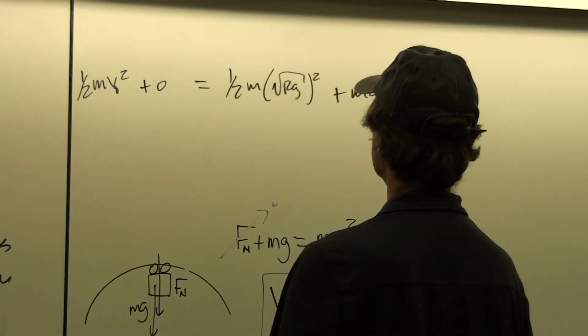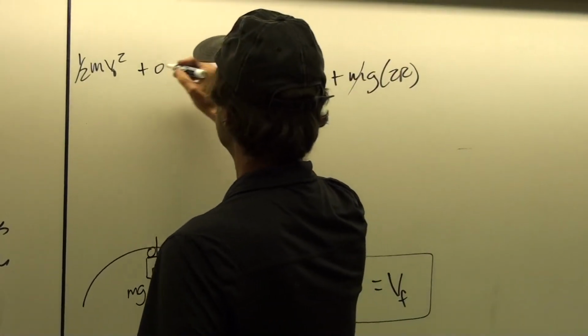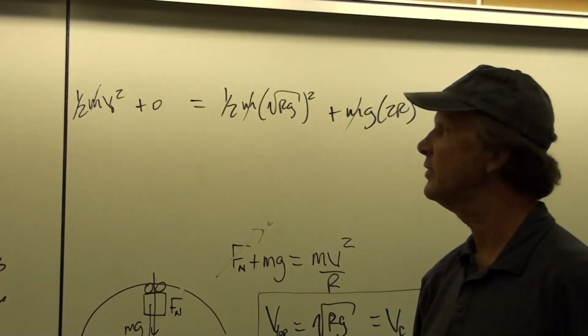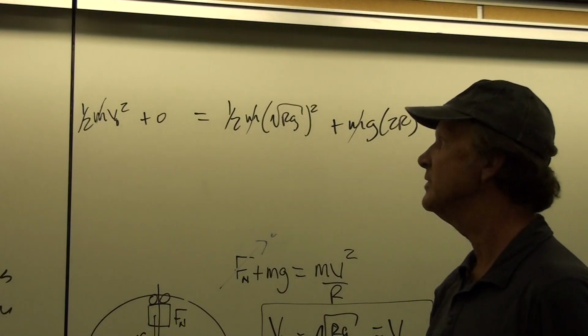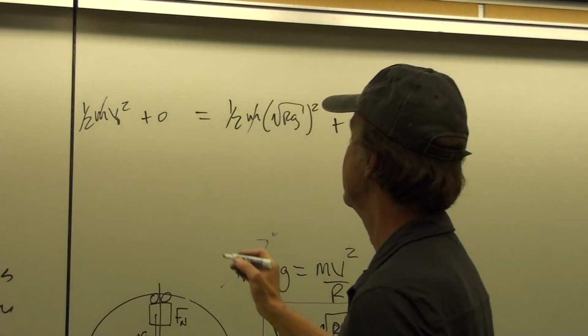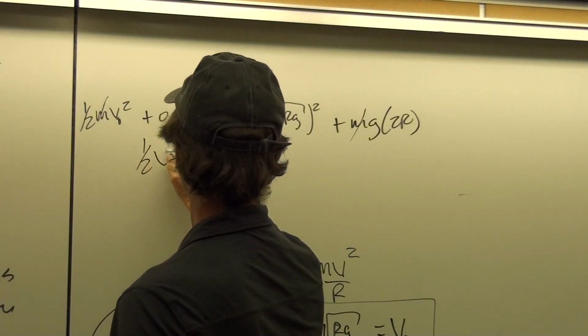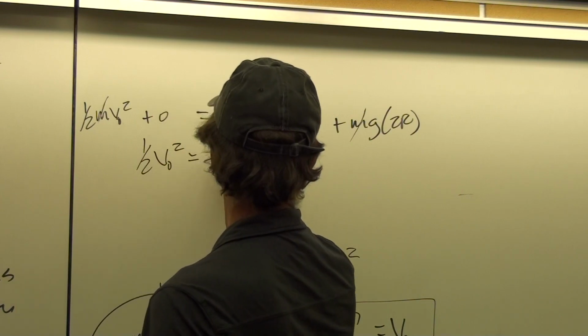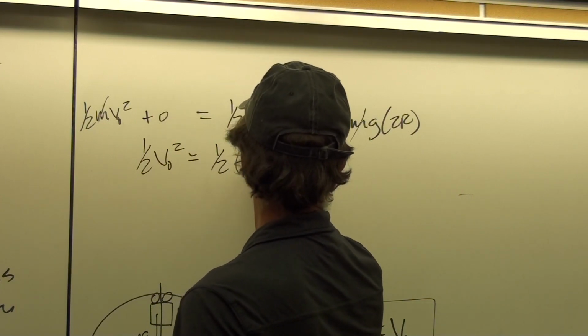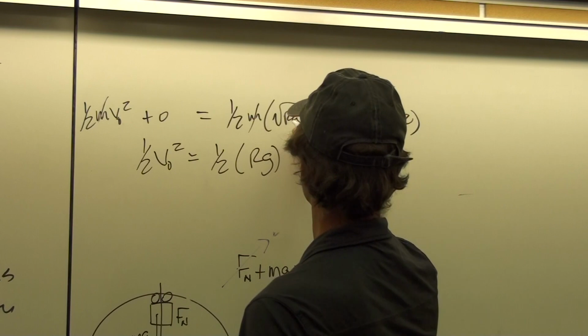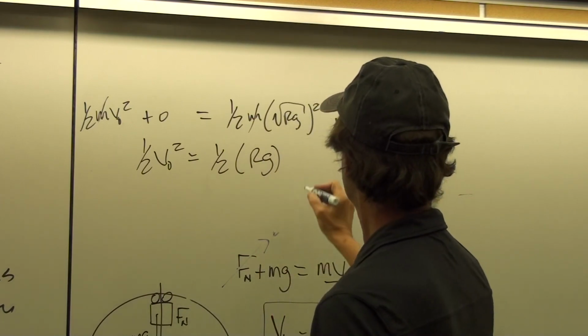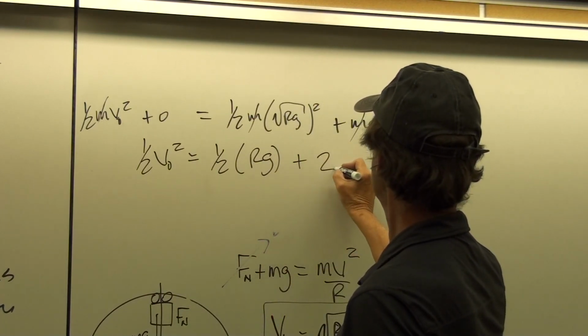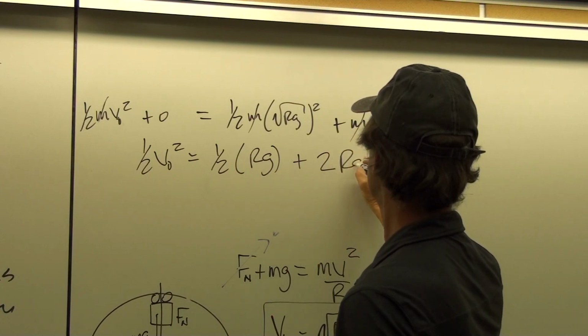Because there's no springs in this problem, the energy equation with just kinetic and potential, the masses will cancel. So it doesn't depend on the mass. Okay, so we have 1/2 V naught squared equals 1/2 times Rg, right? Because that's the square root of Rg squared, plus 2 Rg.